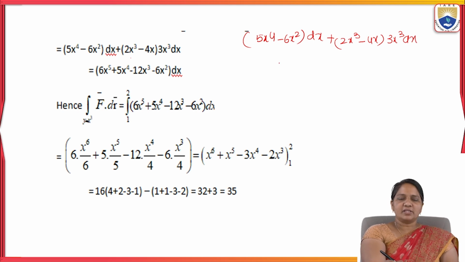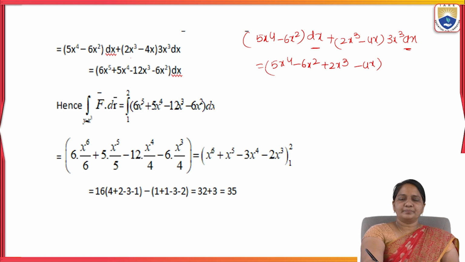Now we are simplifying this one. 5x power 4, this is also dx, this is also dx. We can take the common here: 5x power 4 minus 6x square plus 2x cube minus 4x into, for this term we have 3x square, dx.